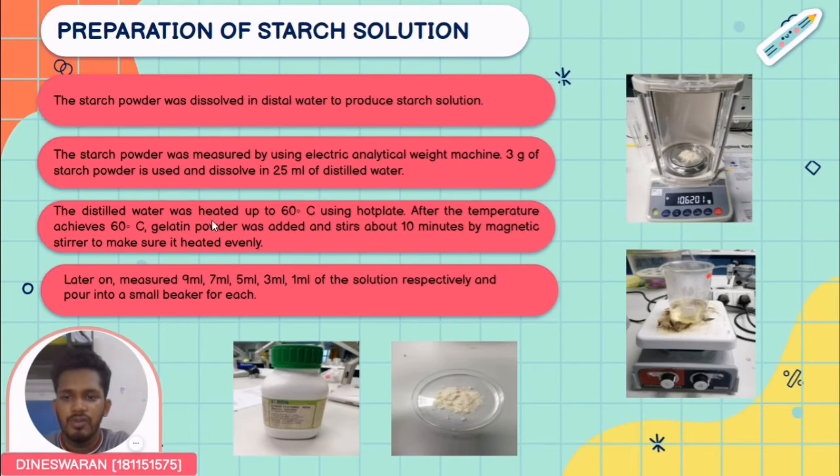The distilled water was heated up to 60 degrees Celsius using a hot plate. After the temperature achieved 60 degrees Celsius, the starch powder was added and stirred for about 10 minutes by magnetic stirrer to make sure it heated evenly. Later on, I measured 9 ml, 7 ml, 5 ml, 3 ml and 1 ml of the solution respectively, and poured into a small beaker for each.